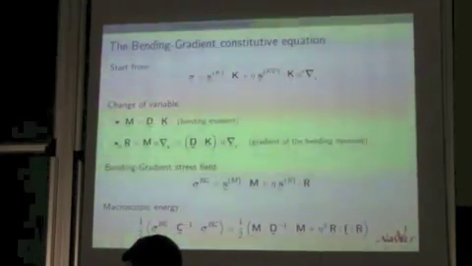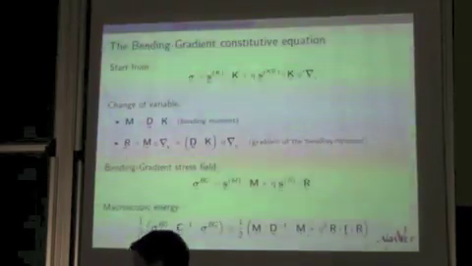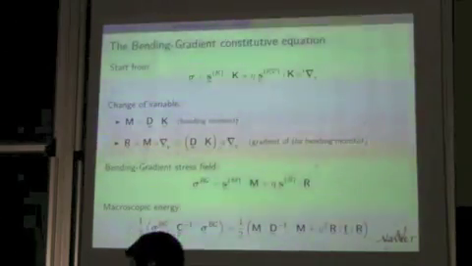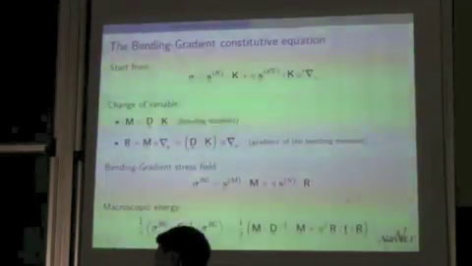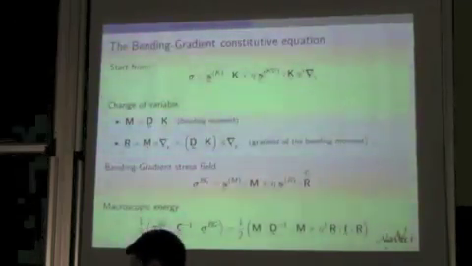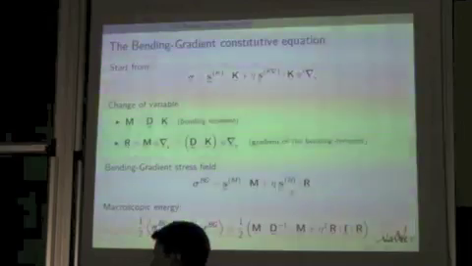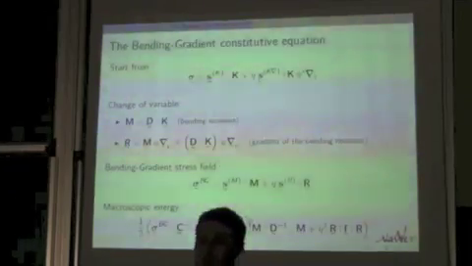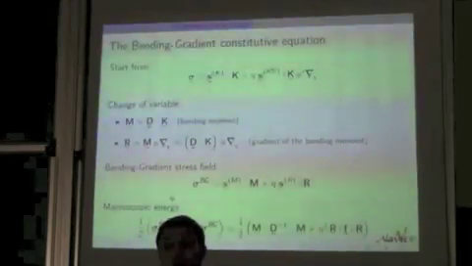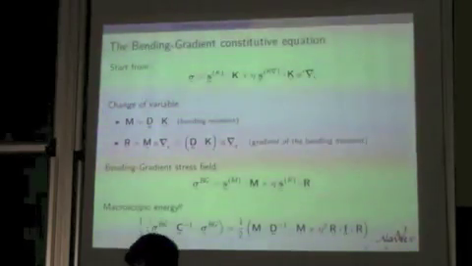Okay? So the relation between the bending gradient and the curvature is pretty clear. If I do that, I can perform a change of variable. I have this bending gradient stress field, which is related to the bending moment and the gradient of the bending moment. So using the Hill-Mandel principle, averaging of energy, whatever you can call it, I just have a constitutive equation once I have a localization. Okay?